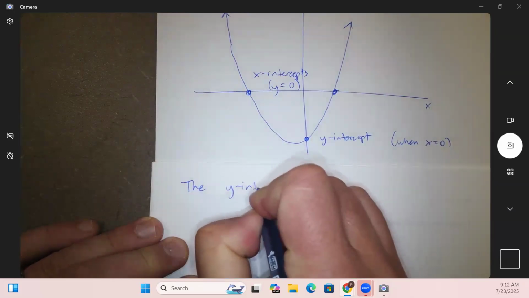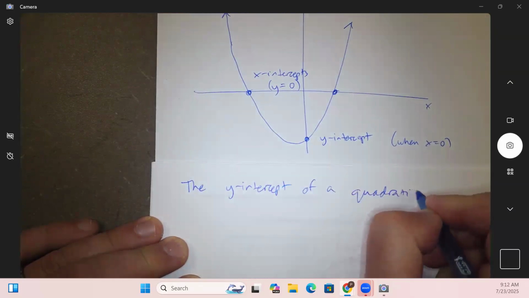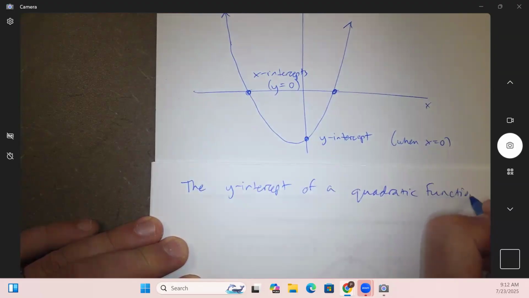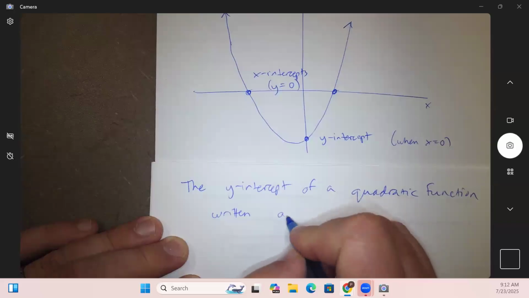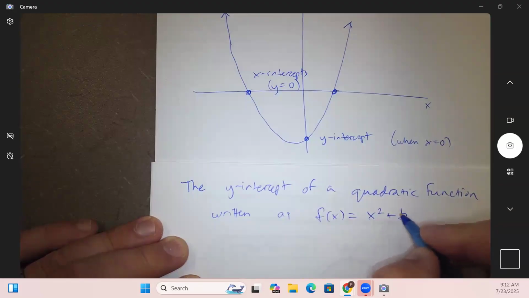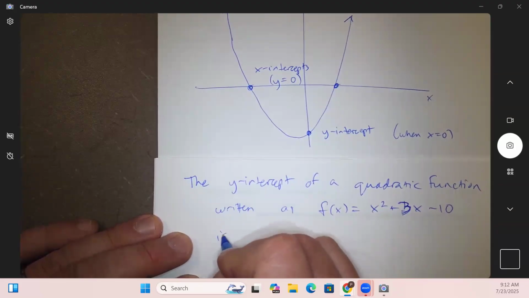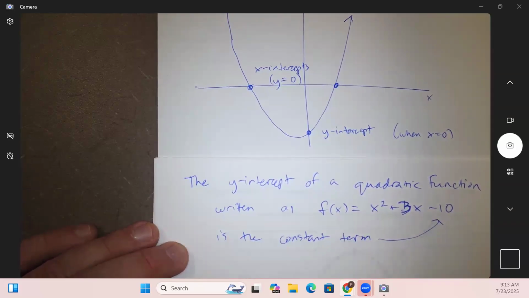The y-intercept of a quadratic function written as f of x equals x squared plus 3x minus 10 is the constant term, the one without any x's.